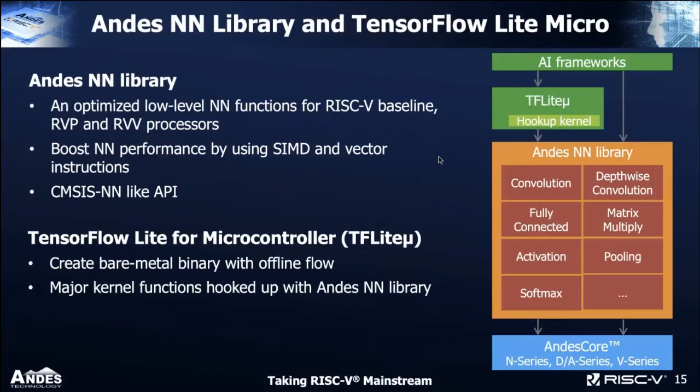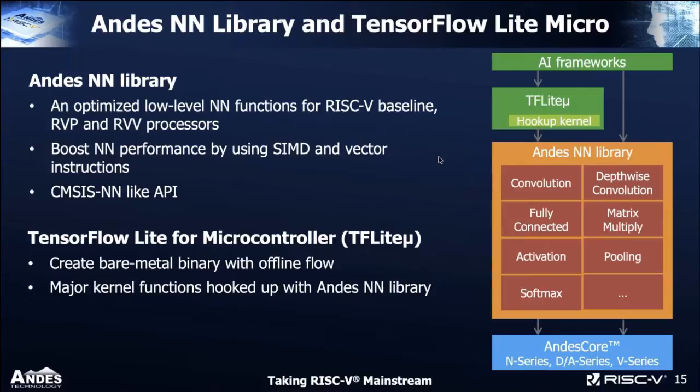So on top of the DSP library, now we're going to add our specific Andes neural network library and TensorFlow Lite for Microcontrollers. Our NN library is optimized low-level functions designed for the RISC-V baseline, DSP, and RISC-V vector processors. And we want to boost this neural network performance by using SIMD and vector instructions.